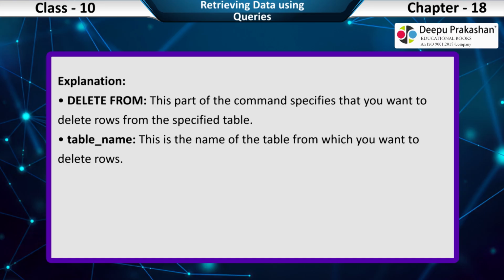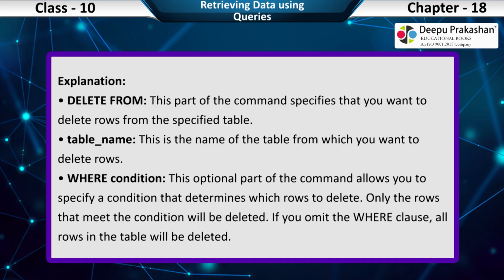Table_name: this is the name of the table from which you want to delete rows. Where condition: this optional part of the command allows you to specify a condition that determines which rows to delete. Only the rows that meet the condition will be deleted. If you omit the where clause, all rows in the table will be deleted.